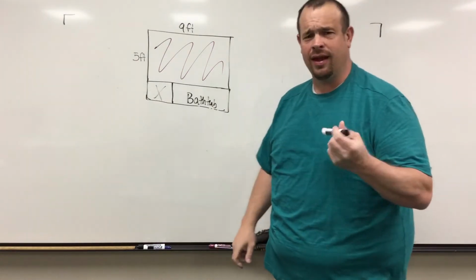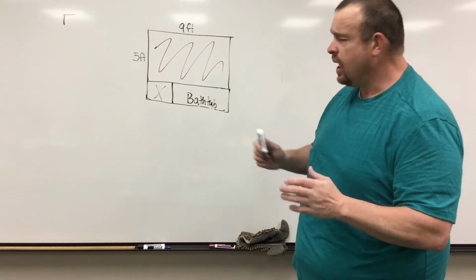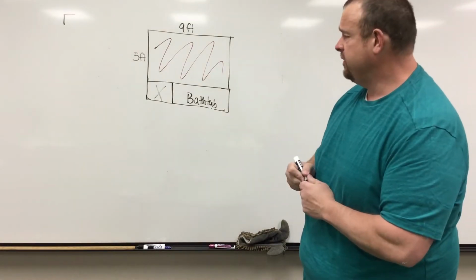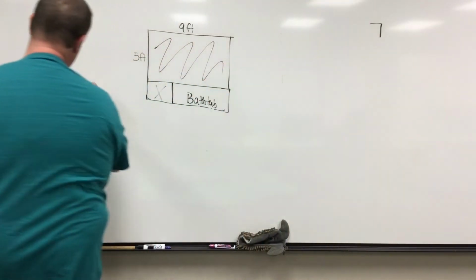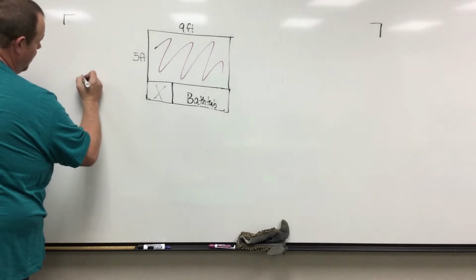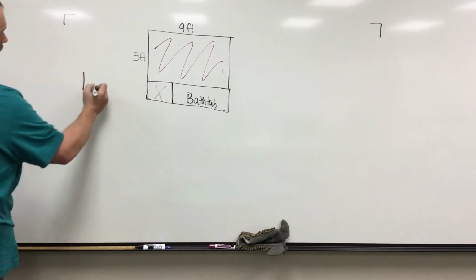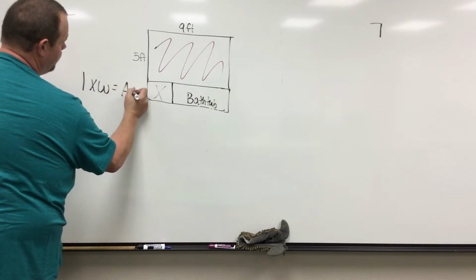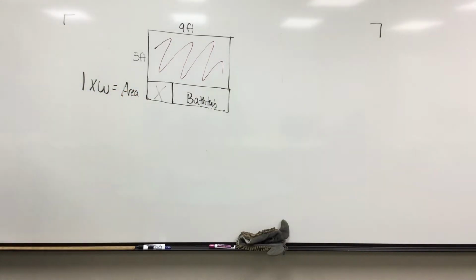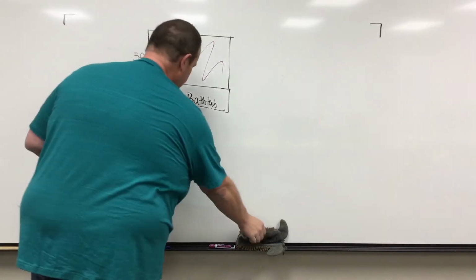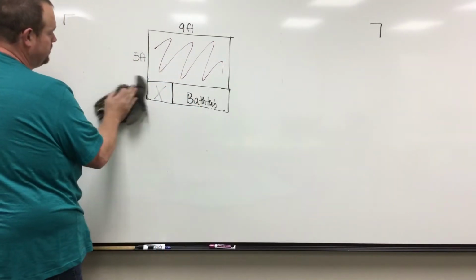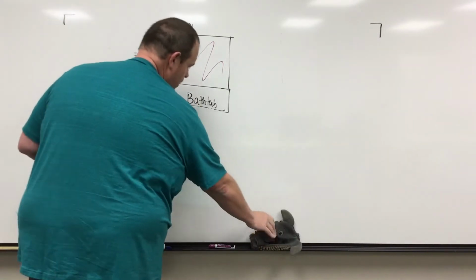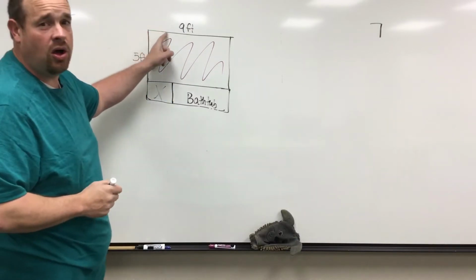That's what we call area. So how I find area is I take my length, I'm going to use the letter L, length times width equals area. Okay? So, how this works is if we take a look at this, how long is it?